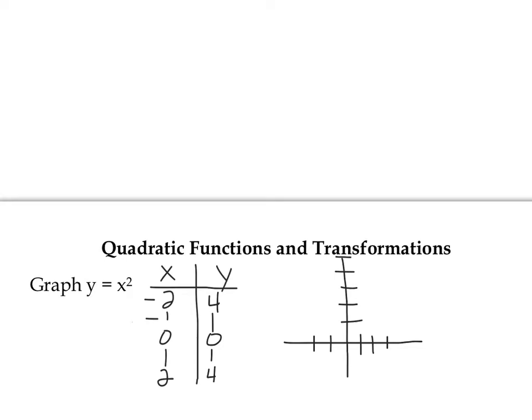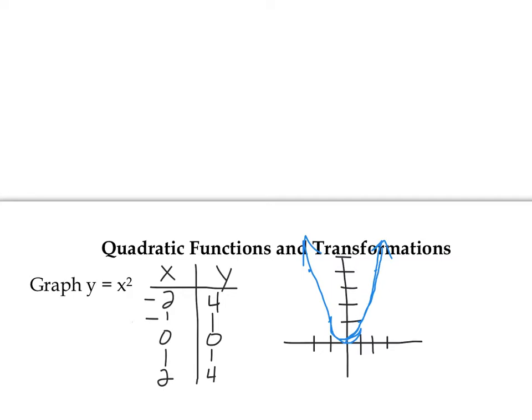And so if we graph these points, we'd have -2 comma 4, -1 comma 1, 0 comma 0, 1 comma 1, and 2 comma 4. And we could see that we would have a graph that is a U shape like this. And it would go down through that origin there. We want to make sure we hit through that. And we put arrows on either end because the graph could keep going in both directions.